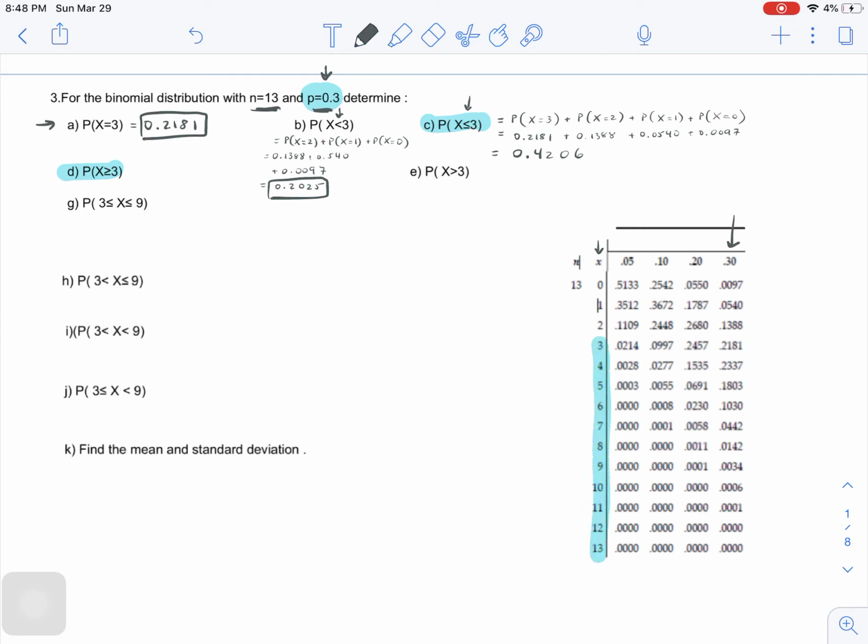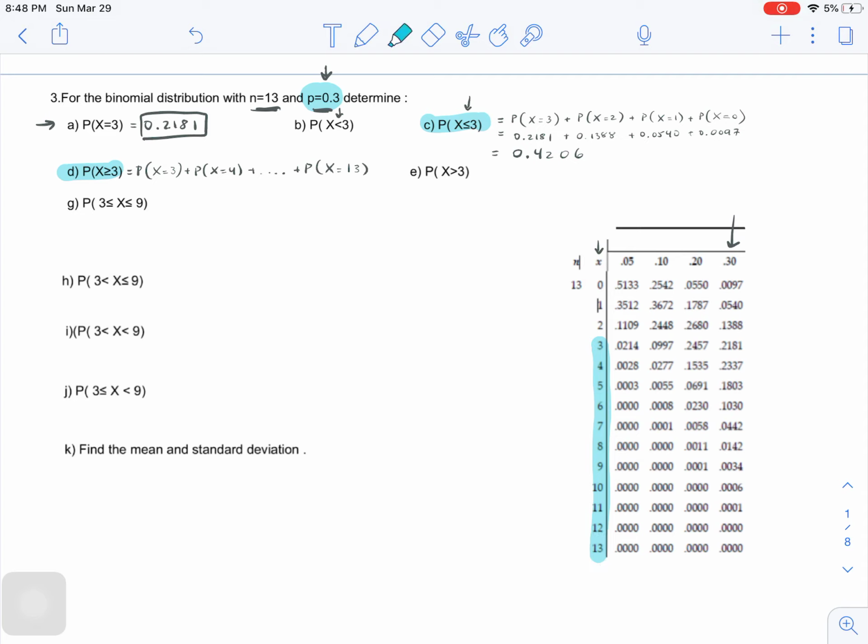So that's equal to, let me get rid of this here. This is equal to the probability that x equals 3 plus the probability that x equals 4 plus and so on all the way to my maximum value of x, which is 13.